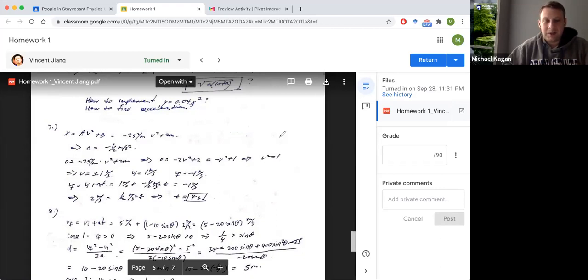For example, you know how to write x of t and v of t for constant acceleration, but they kind of disguise it as x versus v or v versus x, or last time you also saw x versus a or a versus x. So you may want to familiarize yourself with all these variations, so when you see them you actually recognize what's going on.